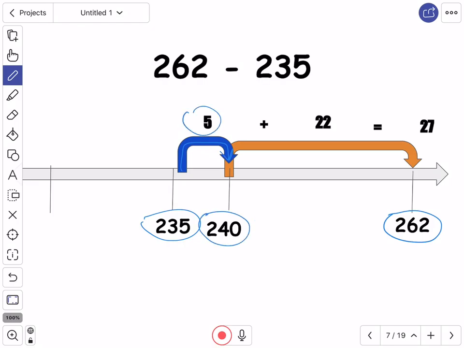So in order to do that, I have to jump 5. To get from 240 to 262, I'm going to jump another 22. And you will see that I have jumped 27. So that simply means that 262 minus 235 equals 27. All right, so there's that one. I'm going to show you the next problem in our problem string.